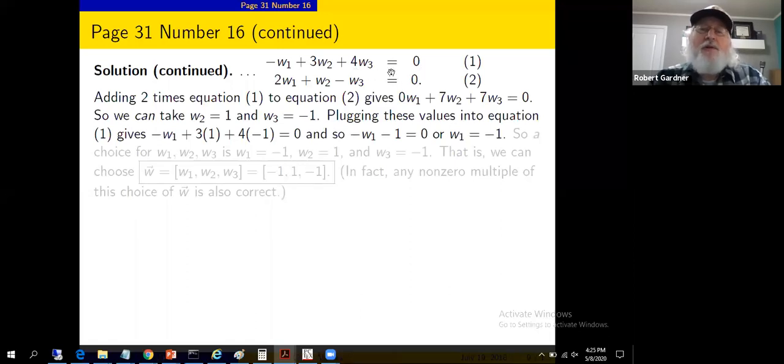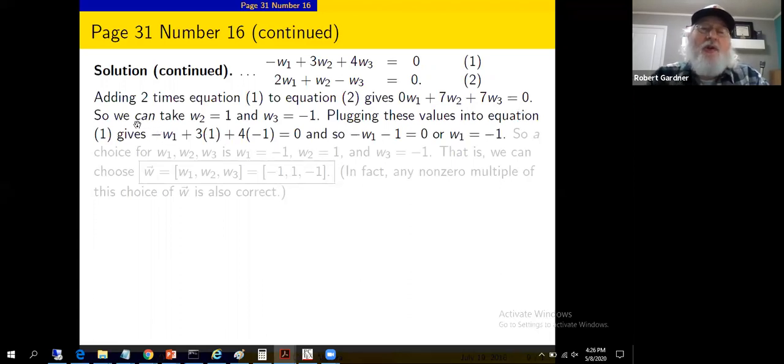And add the results. We had negative 2w1, down here we have 2w1. If I add those together, that'll give us 0 w1s. That's why we did this. We had 6 and 1, that'd be 7, right? 8, and it's doubled, minus 1 gives us 7 there as well. So that gives us 7w2 plus 7w3 equals 0.